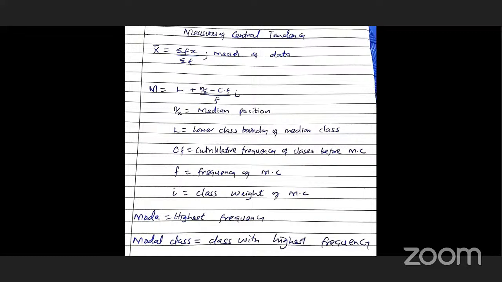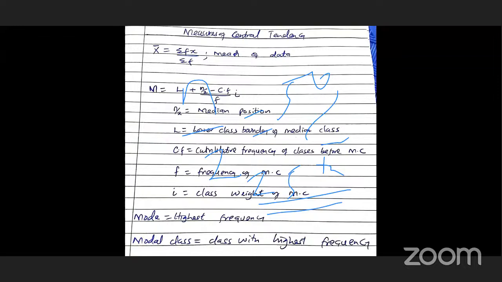Assuming, for example, you have 50 students, the total frequency will be 50. So our median position will be 50 over 2, and note that we are talking about a position. So it will be the 25th position.